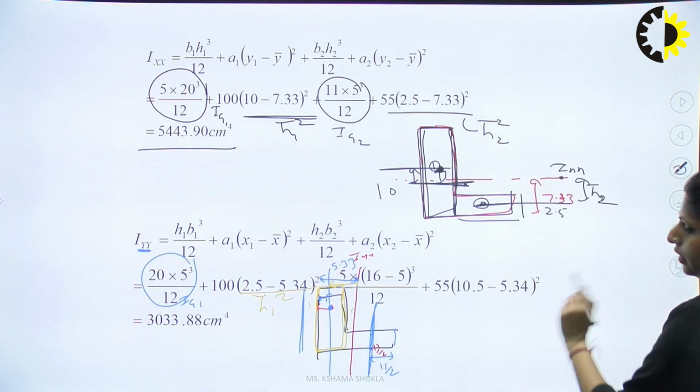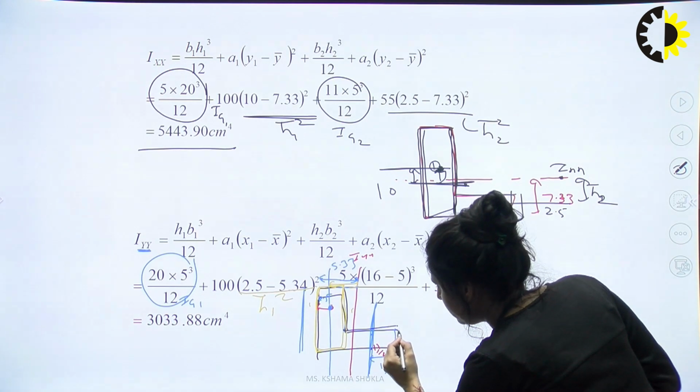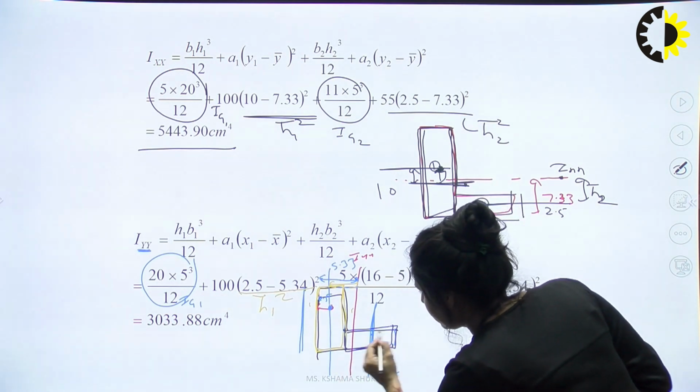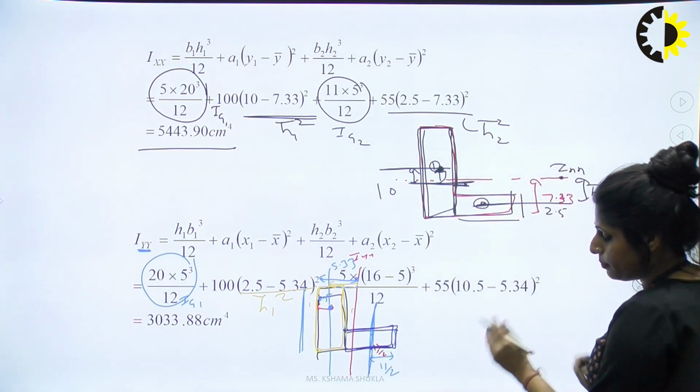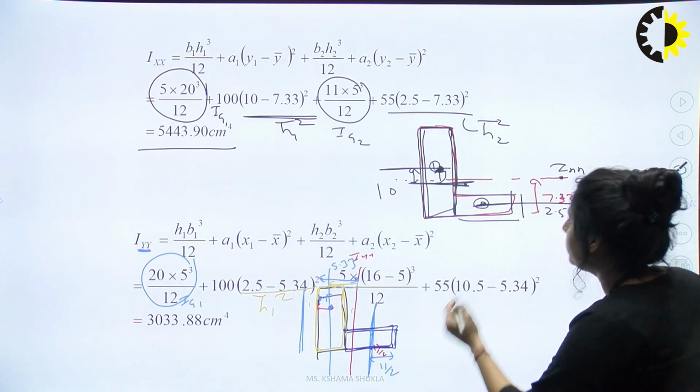See, this is our second diagram, second section. The value of this, I see from here, is 5.